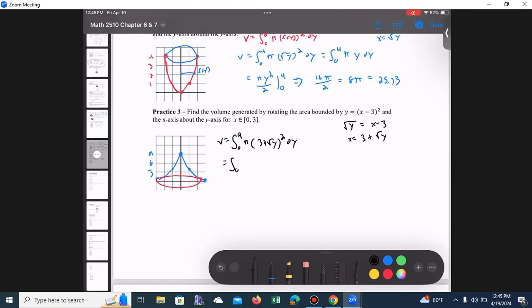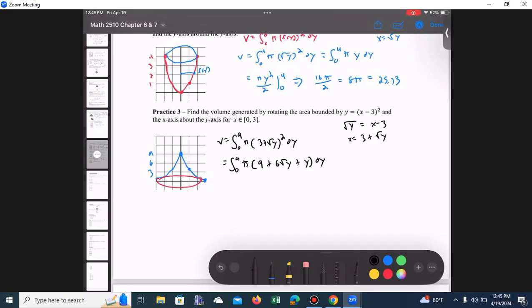We'll have 0 to 9 pi. Let's see, 3 times 3 will be 9, plus 6 square root of y, plus y, dy. And we can integrate each one of those.